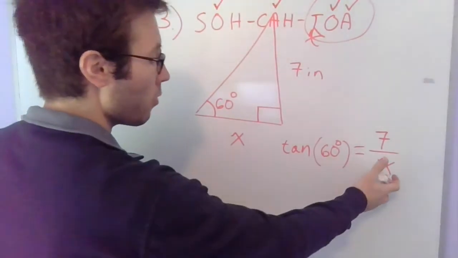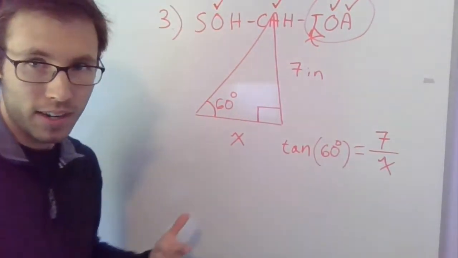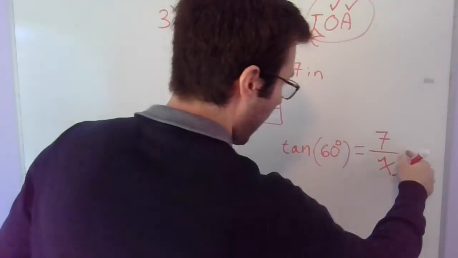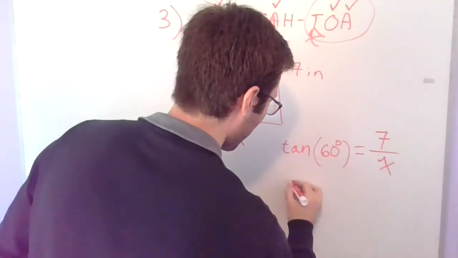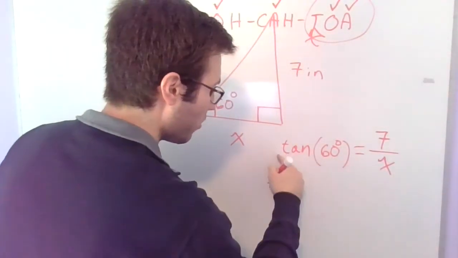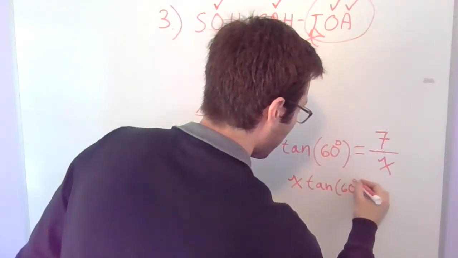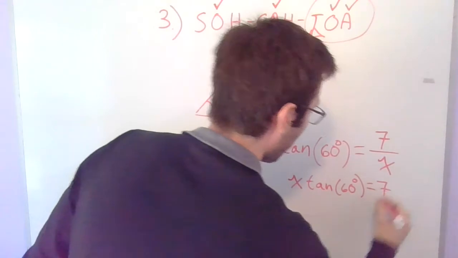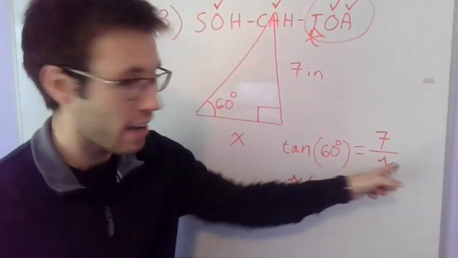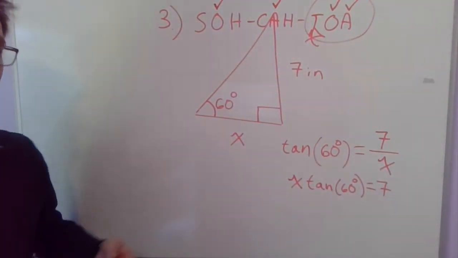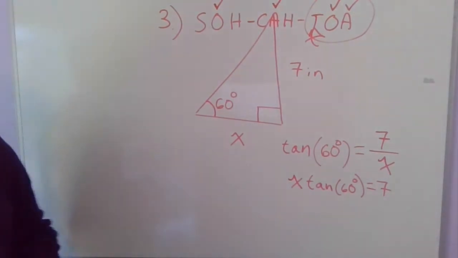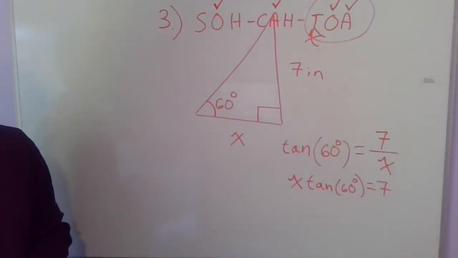So I multiplied both sides by x. I've got to get it out of the denominator. When I do that, the x cancels out on this side, so the x swings around over here. So I have x tangent of 60 is equal to 7. It's looking better. I have x out of the denominator. Now what do we do? Very good.